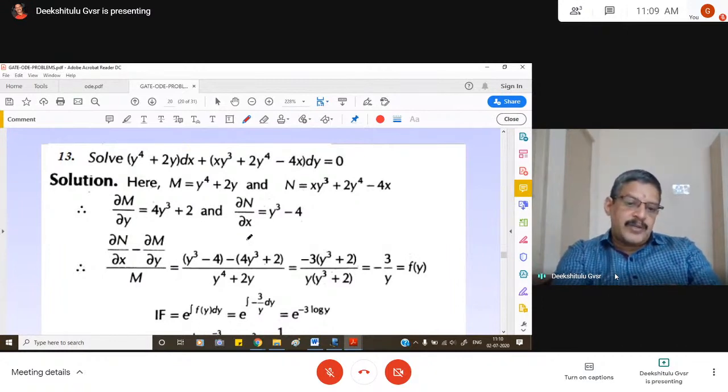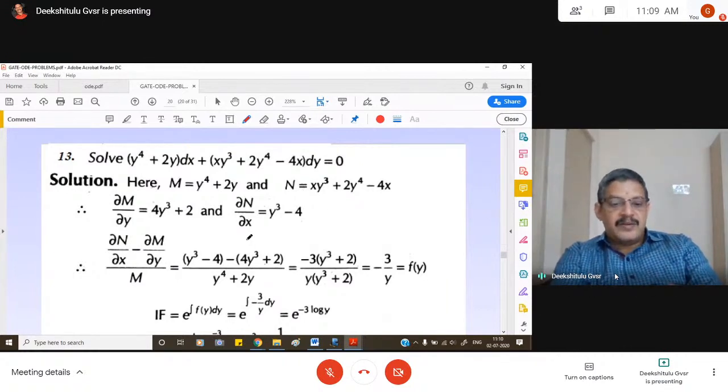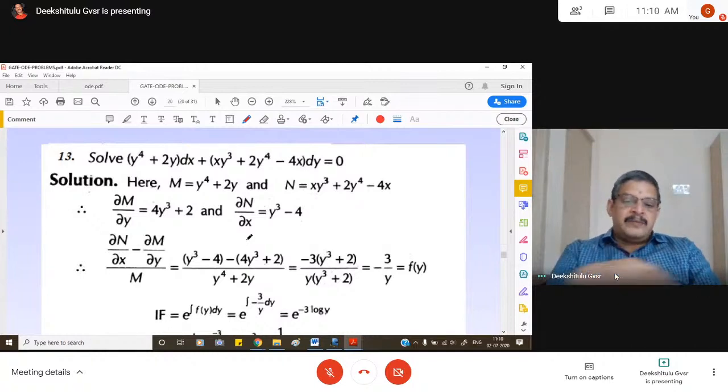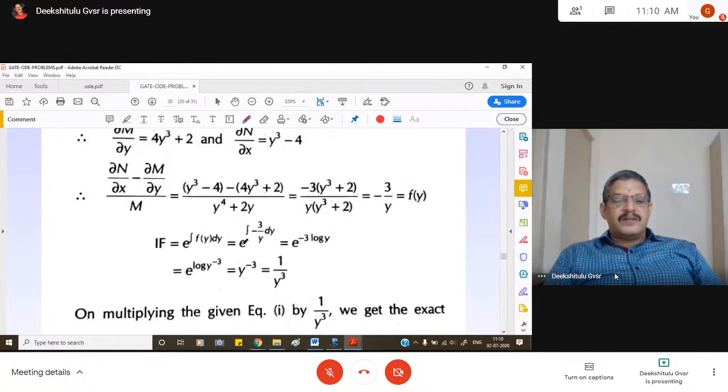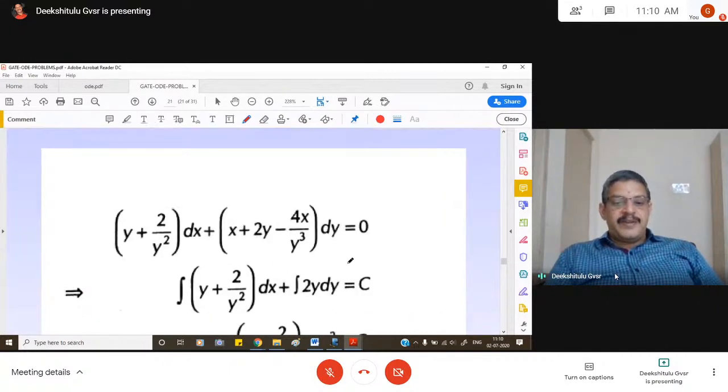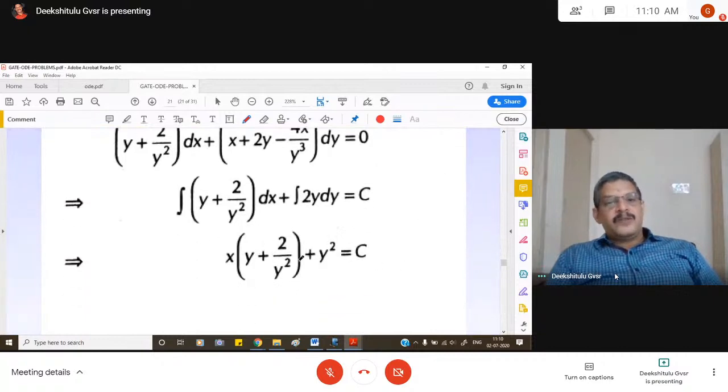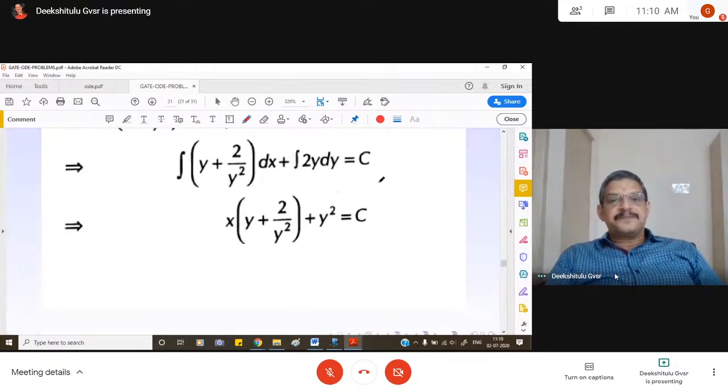So dou N by dou x minus dou M by dou y by M is minus 3 by y. Our integrating factor is e power integral f of y dy. So that becomes e power minus 3 log y or 1 by y cube. So integral 2y dy. So this is the solution that we get.